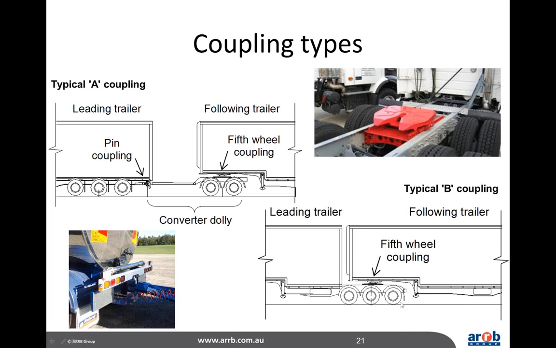Here in the bottom right diagram is an example of how a B double or B triple trailer set is constructed. Instead of having a tow bar at the back of a trailer with a dolly connected to it, you put a fifth wheel coupling on the rear of the first trailer and then connect the second trailer directly to it. And that creates a flexible but rigid as far as roll is concerned vehicle combination.